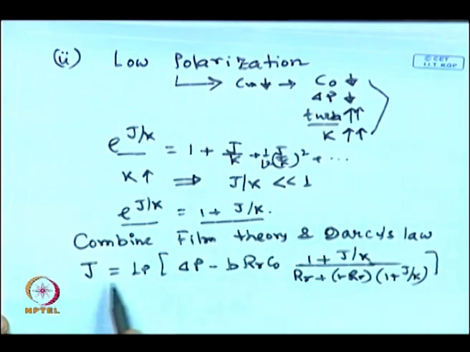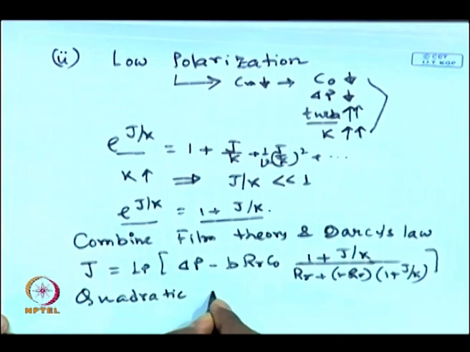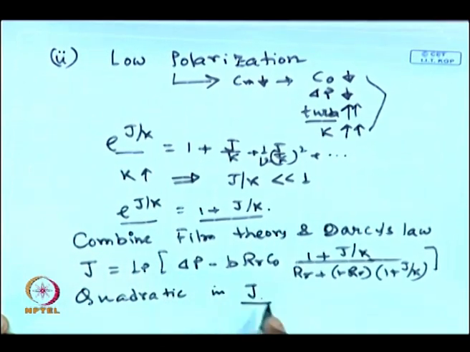Now, if you look into this expression, only one unknown is there, that is the permeate flux J. Every other parameter is known to us, and this gives a quadratic in J. This quadratic equation can be solved. I am not writing that solution here.